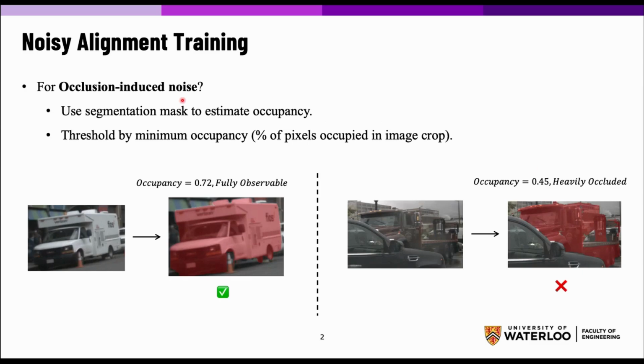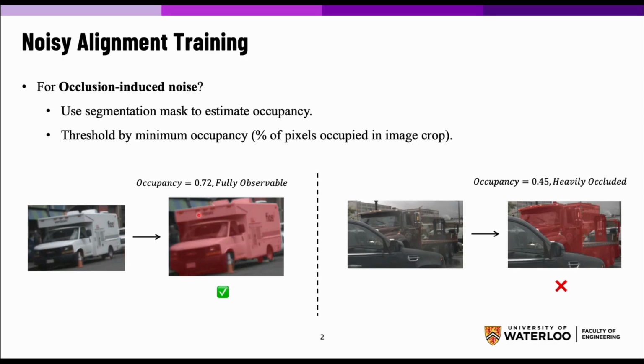For occlusion-induced noise, we can use the segmentation mask that we got through our open vocabulary segmentator, and we can use it to estimate the occupancy. And then we can threshold by minimum occupancy, which is simply the percentage of the pixels occupied by the object in the image crop. You can see that in this case, we have a van, or a truck, sorry.